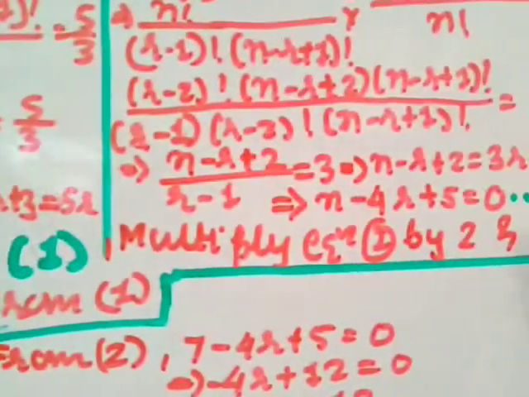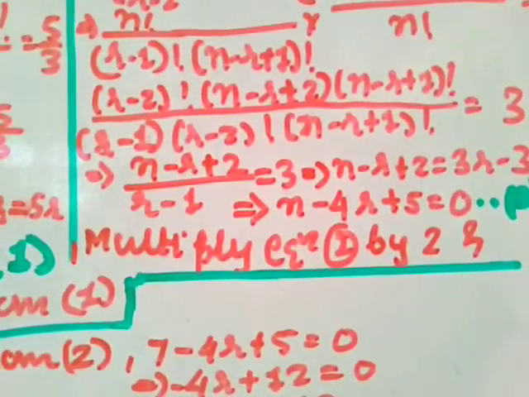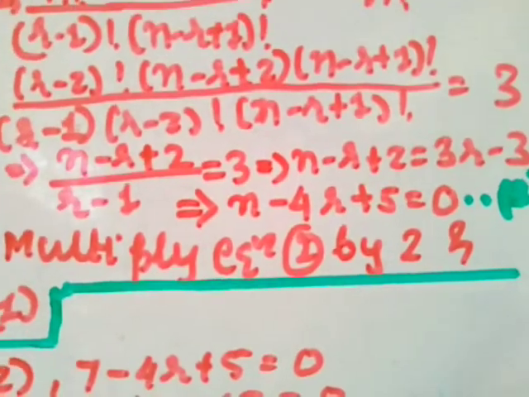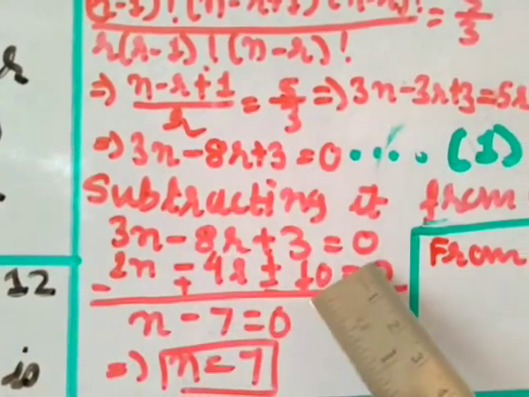Now you have to solve equation 1 and equation 2. For this we'll use the elimination method. So multiply equation 2 by 2 and subtract it from 1. So let us do it. First I am writing this as it is, 3n minus 8r plus 3 equal to 0. Now I multiply this by 2, so 2n writing here.